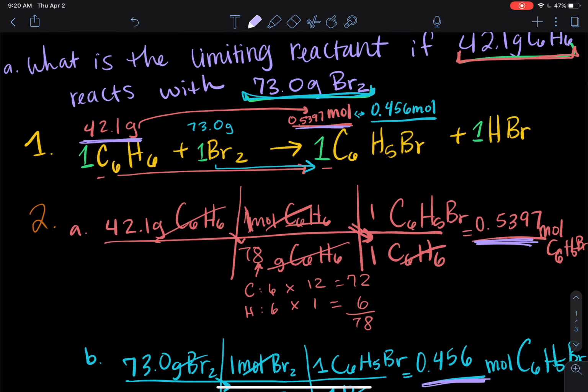So because the bromine will only make 0.456 moles compared to the other 0.5397, the 0.456 moles, that is the max amount of product being made, okay? Just because that 42.1 grams of benzene will make 0.5 moles of product does not mean that we can make it because we ran out of bromine, okay?